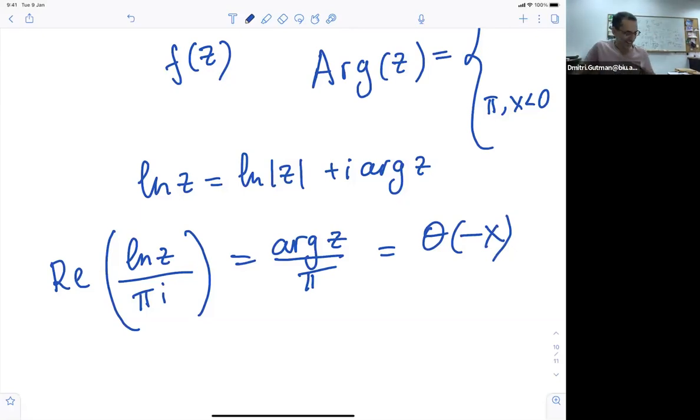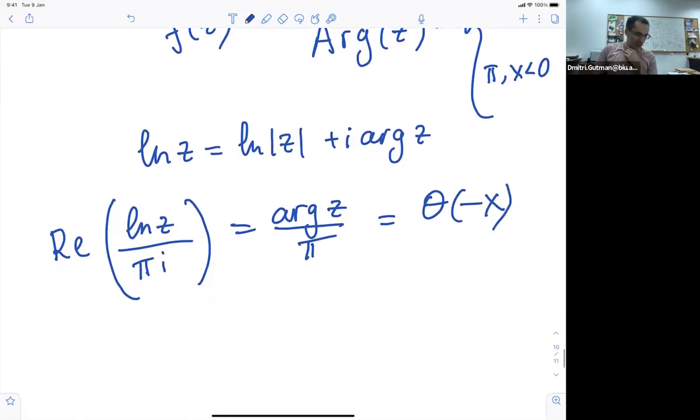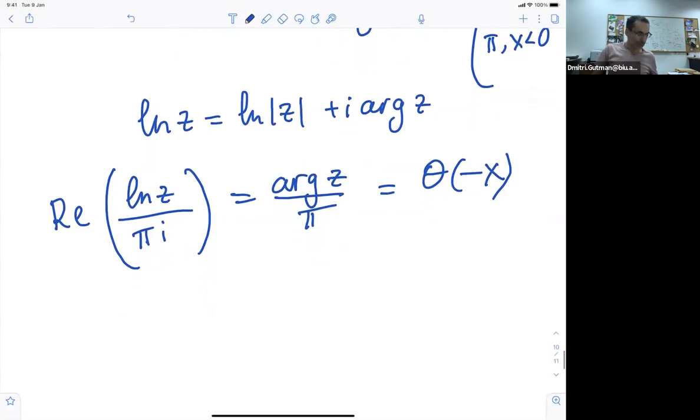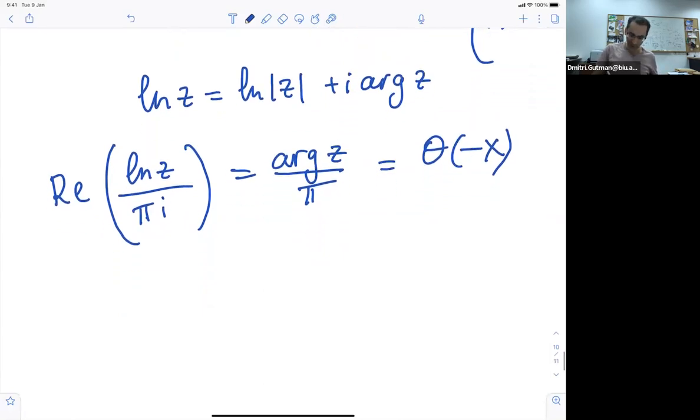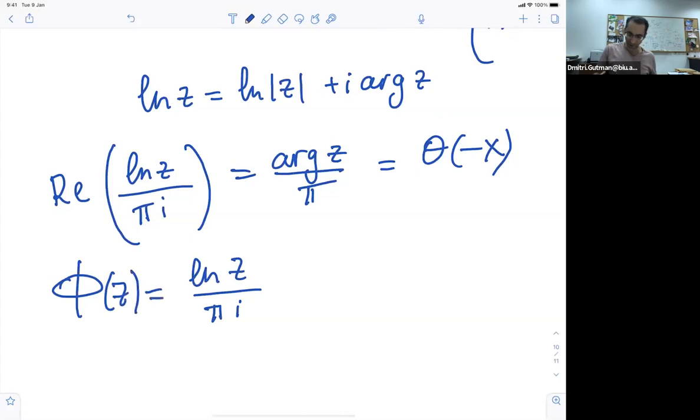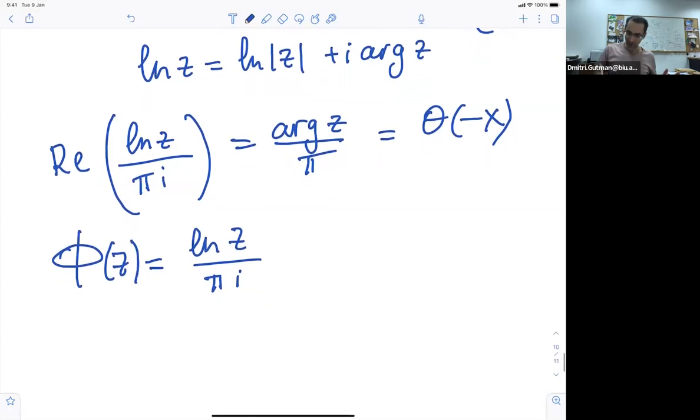אוקיי, אז יש לנו תטא של מינוס x, וזה בדיוק ה-boundary condition שאנחנו רצינו. לכן אם אנחנו בוחרים פונקציה לוגריתם של z, ומחלקים את זה בפאי I, וקוראים לזה פונקציה פאי של z, אז יש לפונקציה הזאת real part ו-imaginary part.